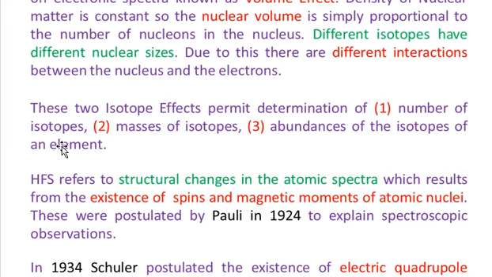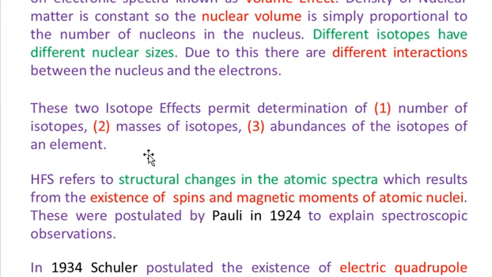That is, using these two effects, we can determine the number of isotopes of an element, the masses of isotopes, and the abundances of isotopes of an element in nature. That is, with what concentration they exist in nature. So these are called the abundances of the isotopes of that element.